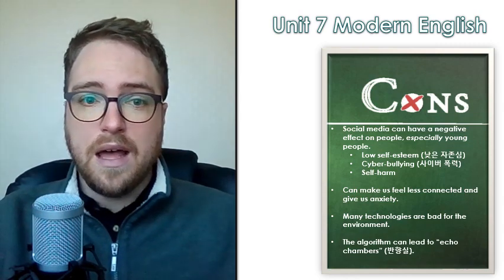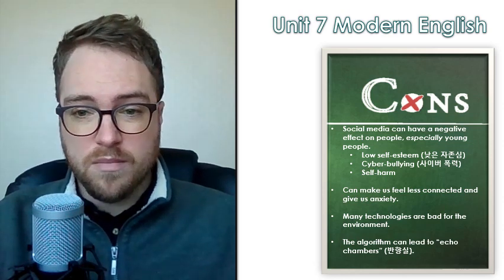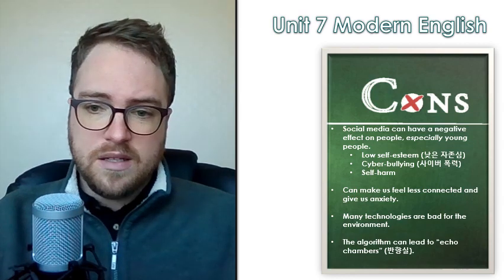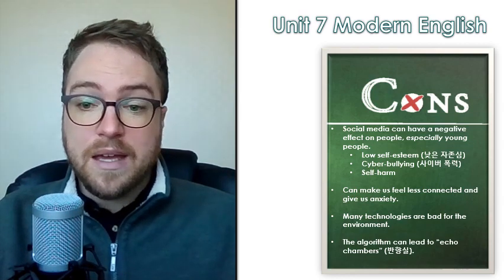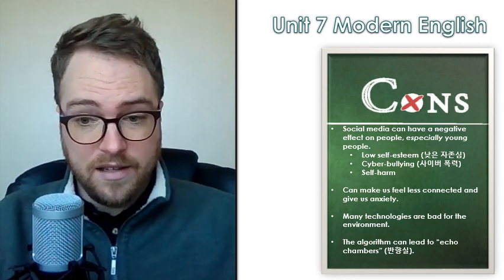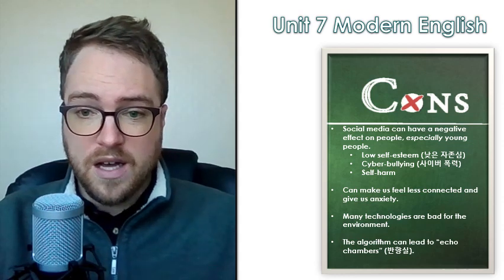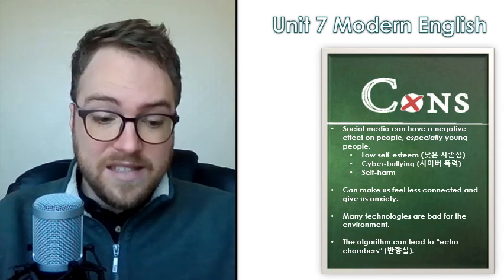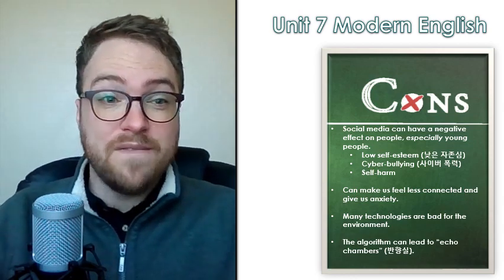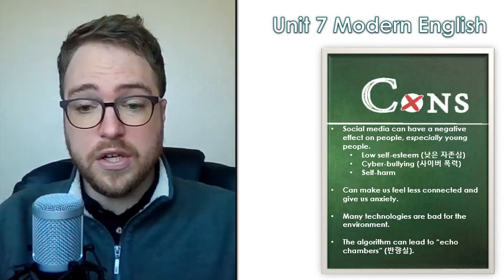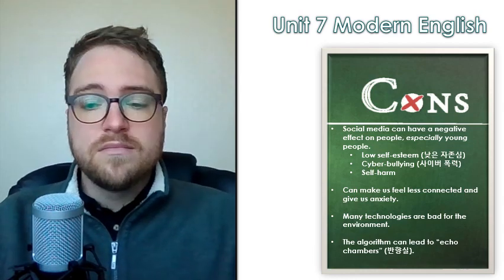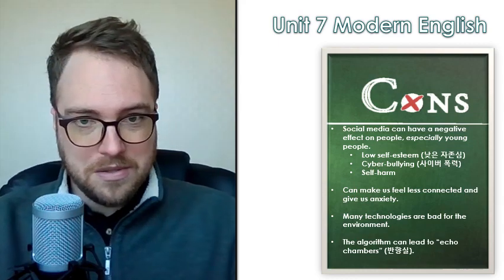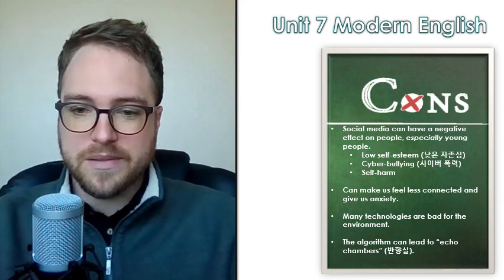And they can even do some self-harm. They can hurt themselves because of social media. Technology can make us feel less connected to people and give us some anxiety. Many technologies are bad for the environment, which is not good. And the algorithm can lead to echo chambers. We talked about that a bit as well.